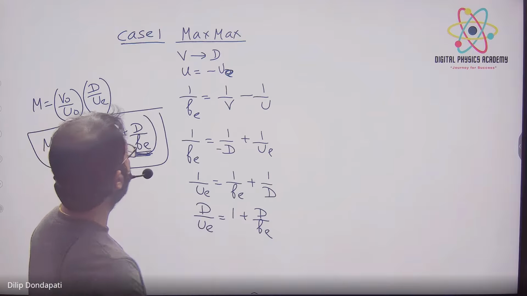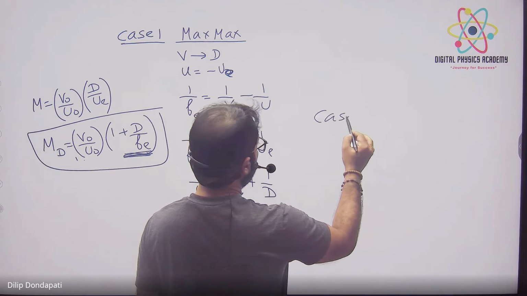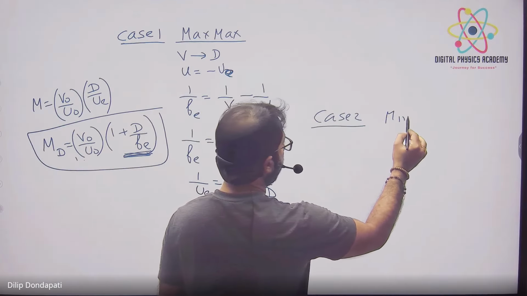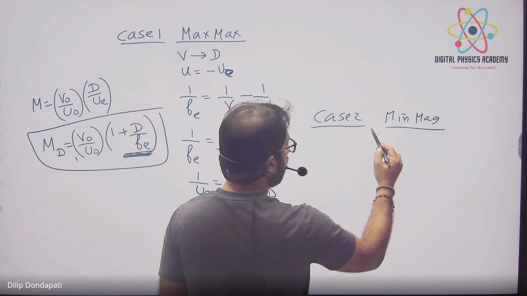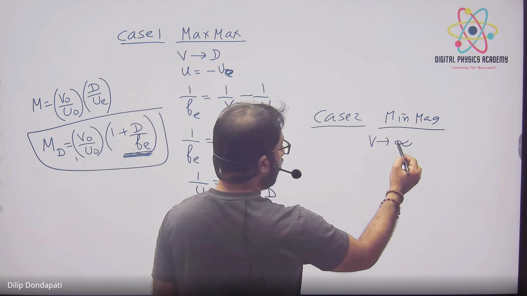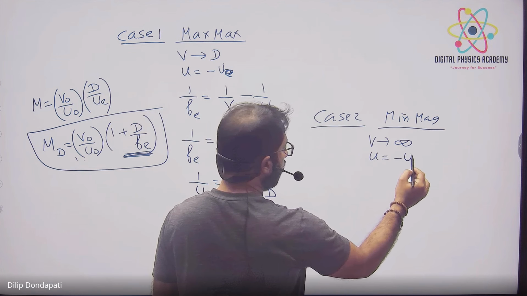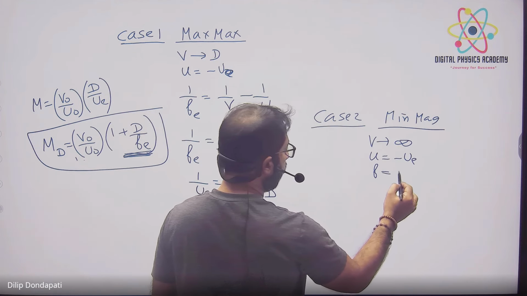Case 2 is minimum magnification. The final image should form at infinity, and U is minus UE, and F is FE.